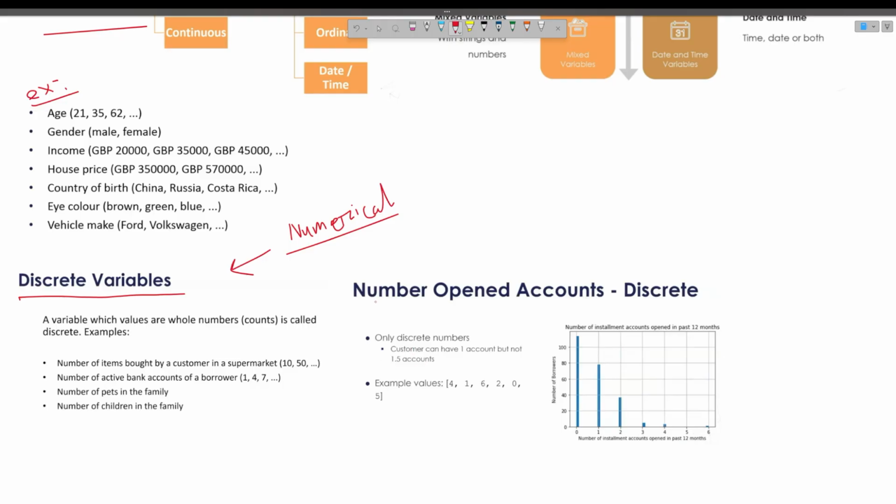We look into graphs separately, but here we look at the value. Discrete values are basically whole numbers. For example, 4, 1, 6, 2, 0, 5, these are exactly like 4. This is totally 4, nothing like 4.5, whatever it is.